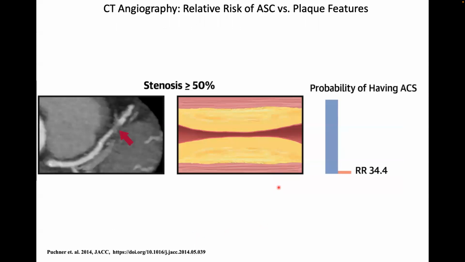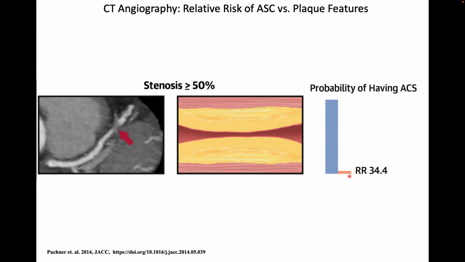And so you can look at the individual risk increase given a specific feature, right? If your stenosis is high, so basically the diameter reduces by greater than 50%, the probability of having an acute coronary event in the next 10 years, we'll say, goes up over the baseline by a factor of 34.